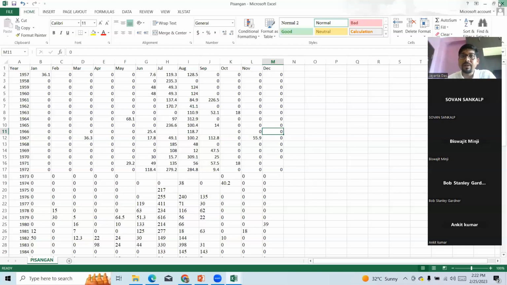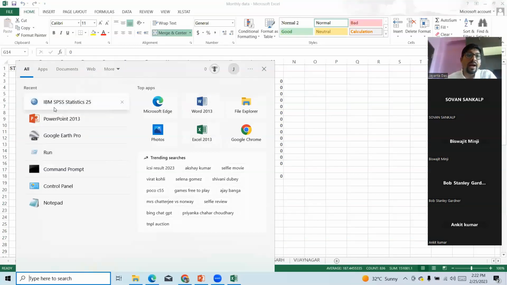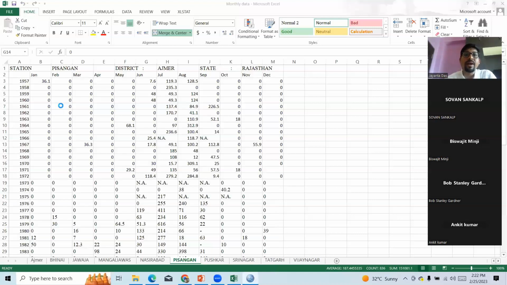It is freely available. Now open SPSS software, IBM SPSS Statistics 25. If you don't have this software, just go to Google and search SPSS download. Then you can find your vendor. Various vendors are available. You can download it.